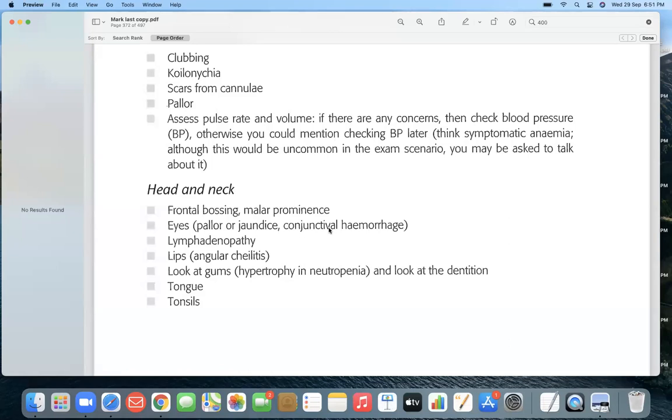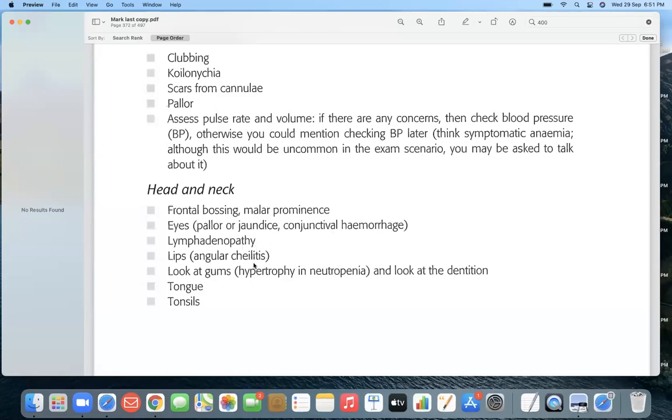Means maybe anything which can bring about thrombocytopenia, maybe TAR syndrome or leukemia, lymphoma. And lymphadenopathy, again, to rule out the malignancies. Lips, angular cheilitis. Look at the gums, hypertrophy; you can see neutropenia, and dentition and tongue and tonsils.